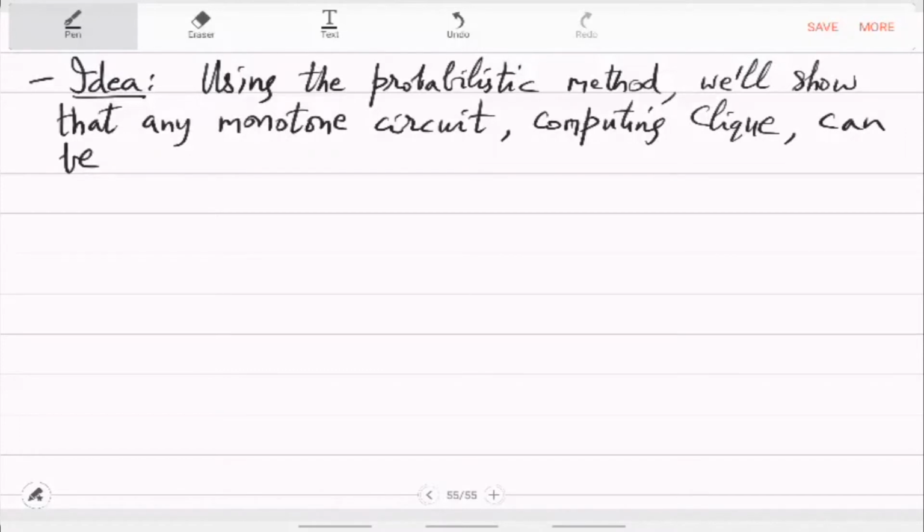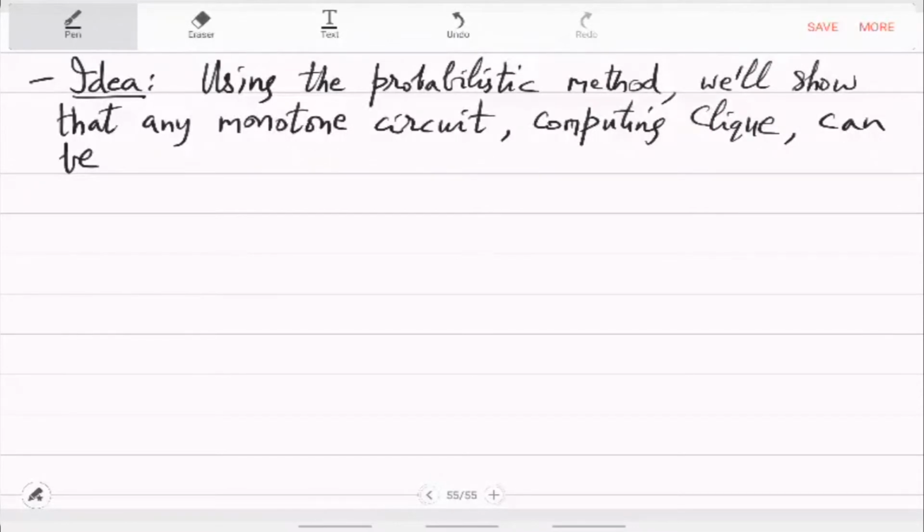So like in the previous result, we showed that they can be approximated by polynomials, low degree polynomials. Here we will show that they can be approximated by an OR of few clique indicators. Okay, so instead of polynomial, we will use something else here.